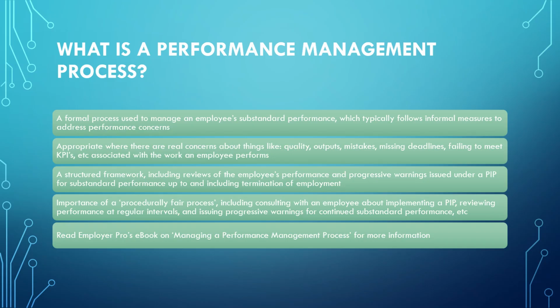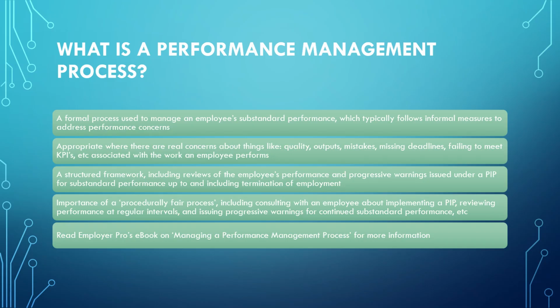Essentially, it is a structured framework including reviews of the employee's performance at regular intervals and progressive warnings issued under a PIP for substandard performance, up to and including termination of employment in the event the employer can document and prove that the employee's performance remains substandard, or there are deficiencies associated with the employee's work or outputs.